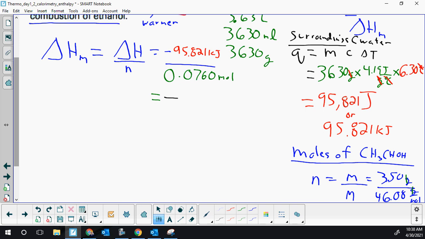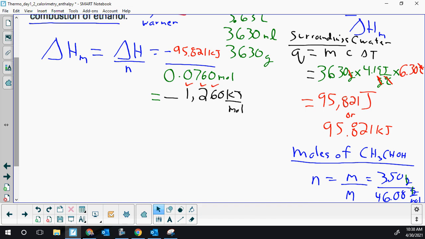I see students forgetting to put the minus in their answer sometimes. 1,200, and I'm going to round it to 60 kilojoules per mole. My 1, 2, 3 sig figs. That 0 is just a placeholder. Okay. And that's our molar enthalpy.